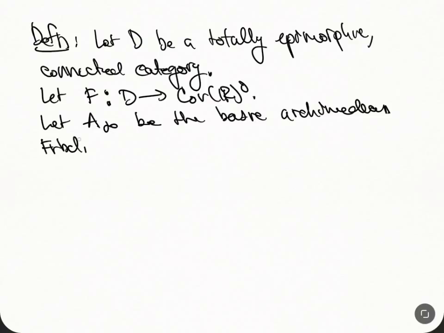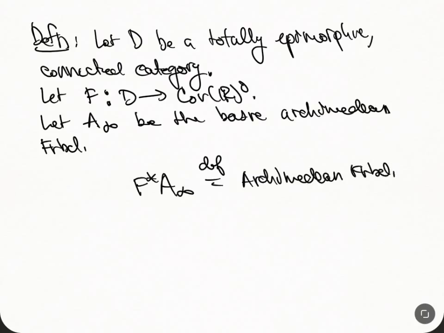Okay. So an Archimedean Frobenioid is one of the form like this. So this is the definition of an Archimedean Frobenioid.